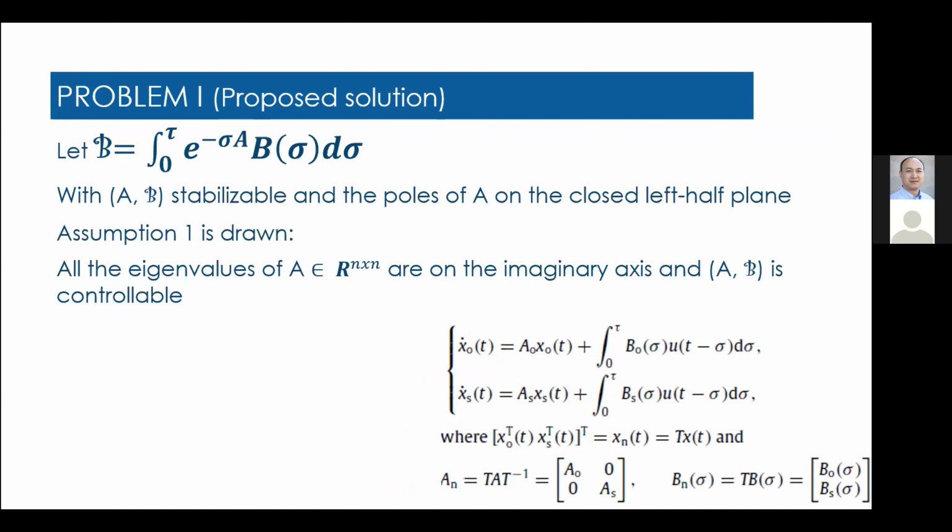And from there, they were able to prove that the stability of this system was linked to the controllability of the first system here, showing again that the eigenvalue had to be on the imaginary axis.